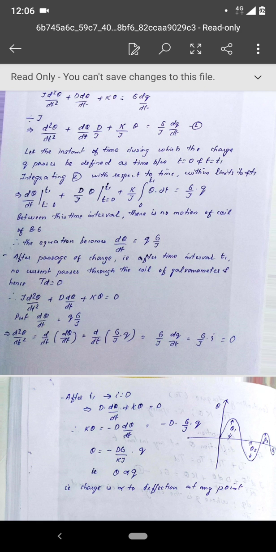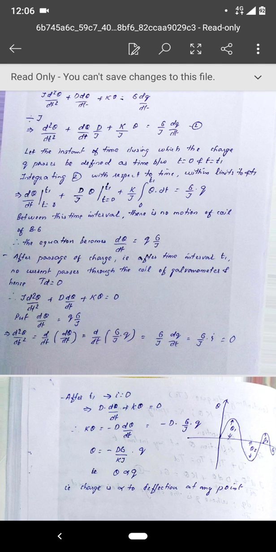So we are taking two conditions: what is happening between 0 and t1, where there was no deflection so theta was taken as 0, so that we got the result d theta by dt equal to q g by j. That result is substituted in the equation of motion, which is applicable after t1, and that equation of motion holds because of the things which happened before t1.